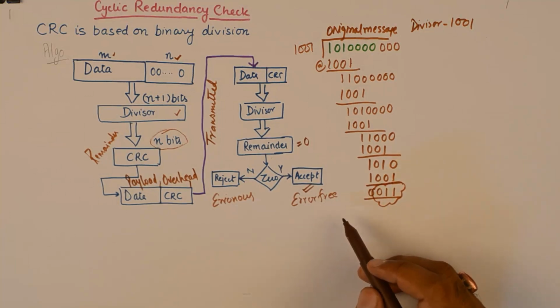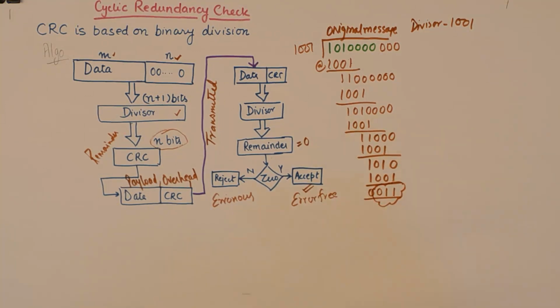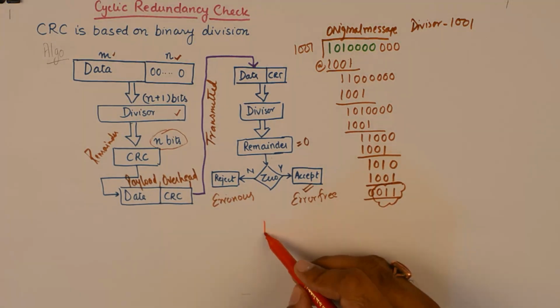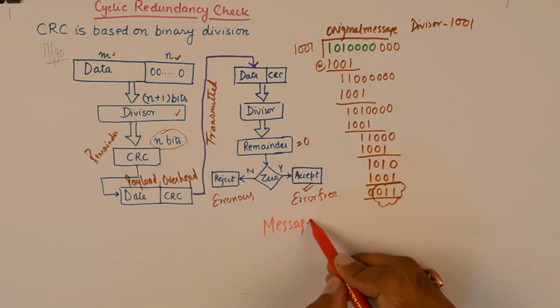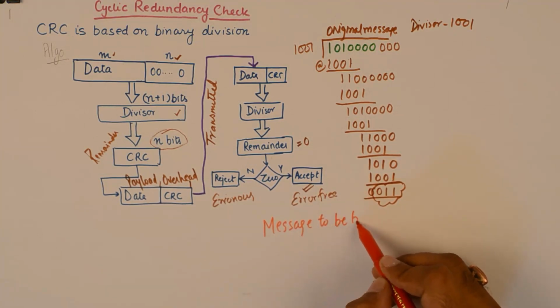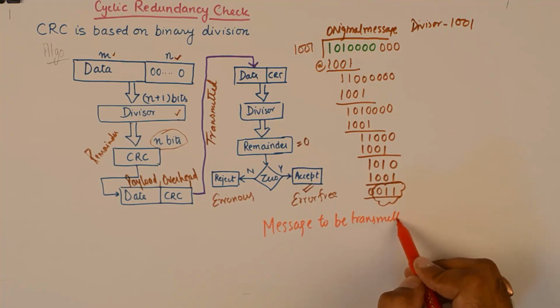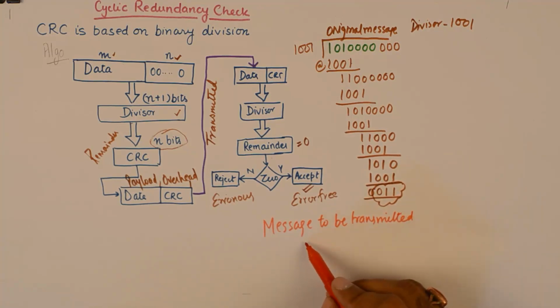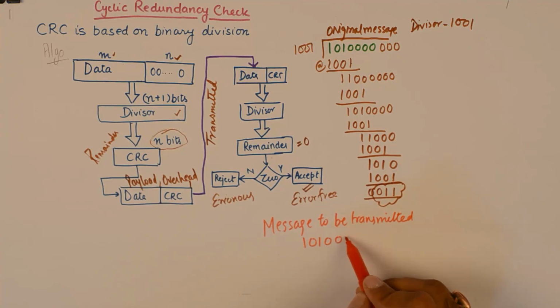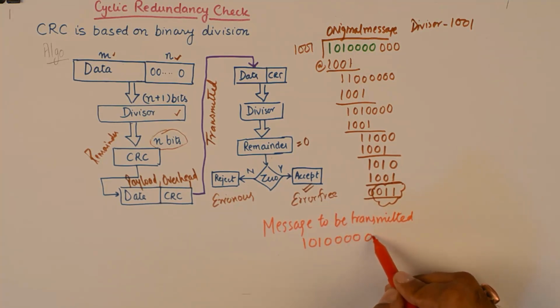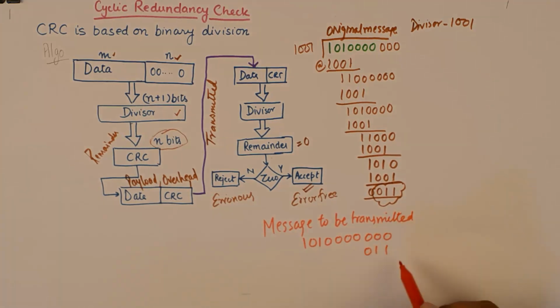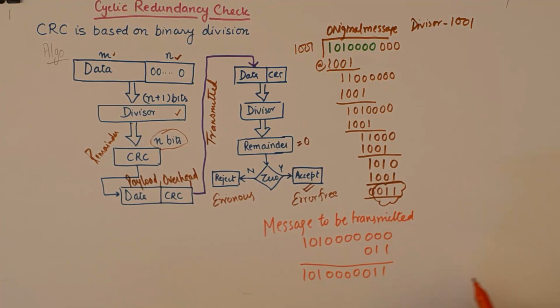So the data which I will transmit, or you could note it down as the message to be transmitted, is 1 0 1 0 0 0 0 0 0 0, but we'll replace the last three zeros with 0 1 1. So the final message that goes out of the transmitter is this.